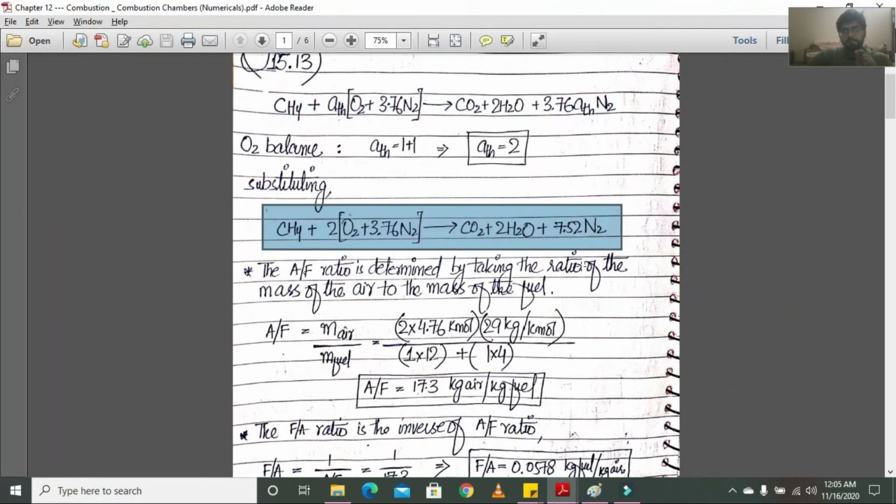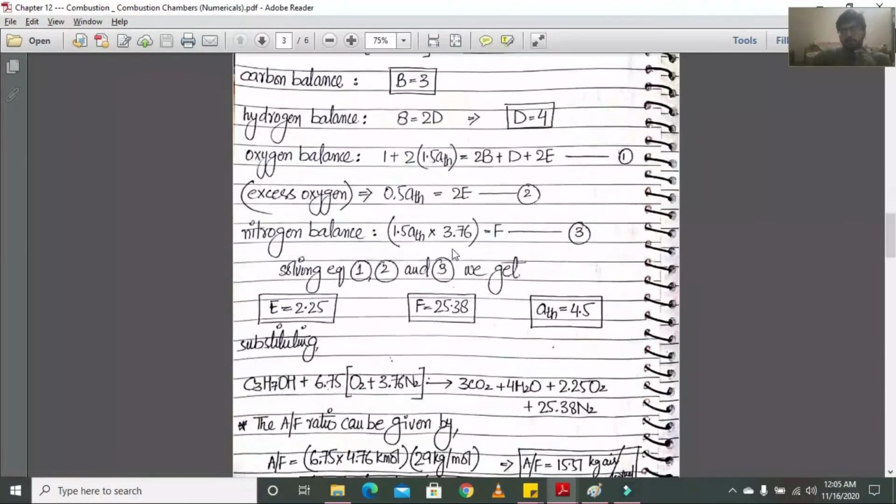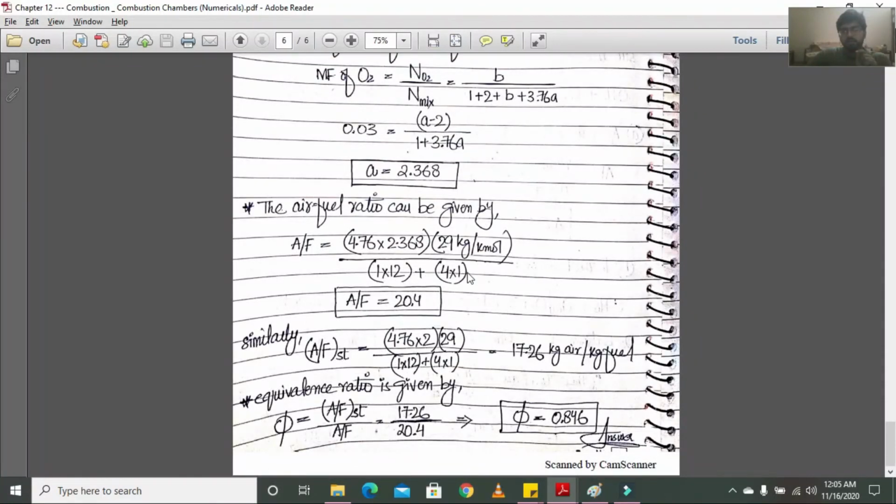Then I determine the air-fuel ratio, and it comes out to be 17.3, or you can say 17.26, approximately the same.